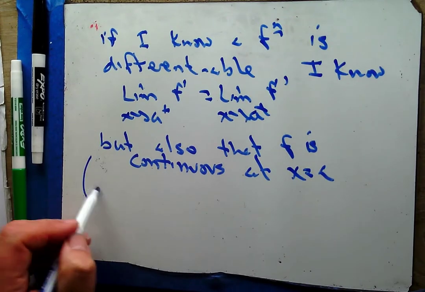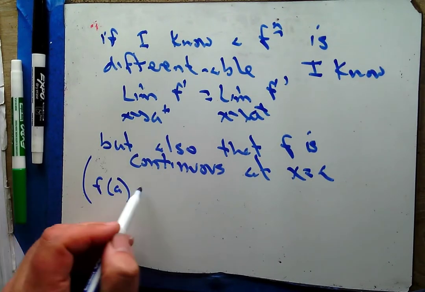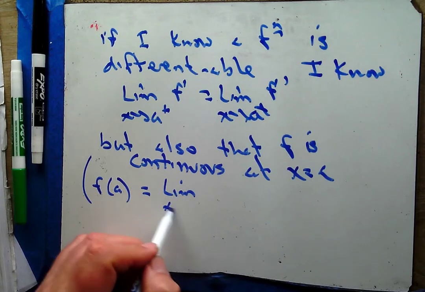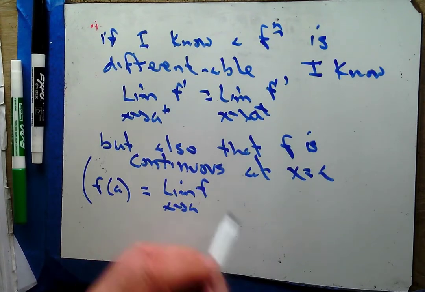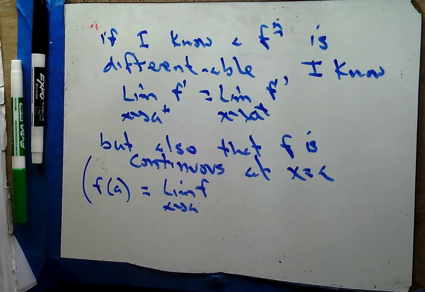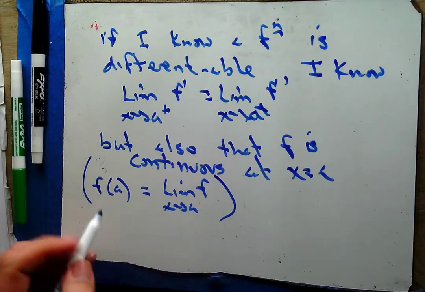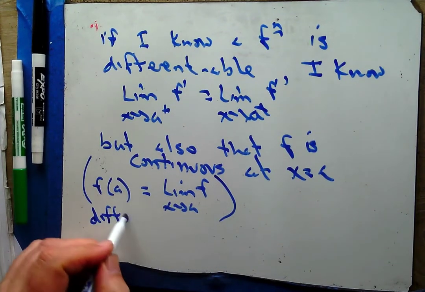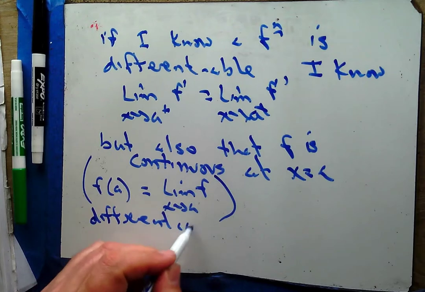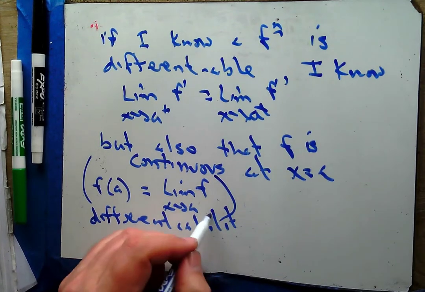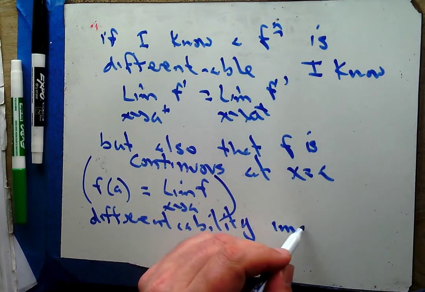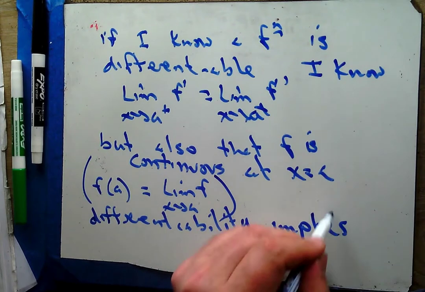And remember, our definition of continuous was that the value of the point equaled the limit at the point on that function. Okay? So we can say differentiability implies continuity.